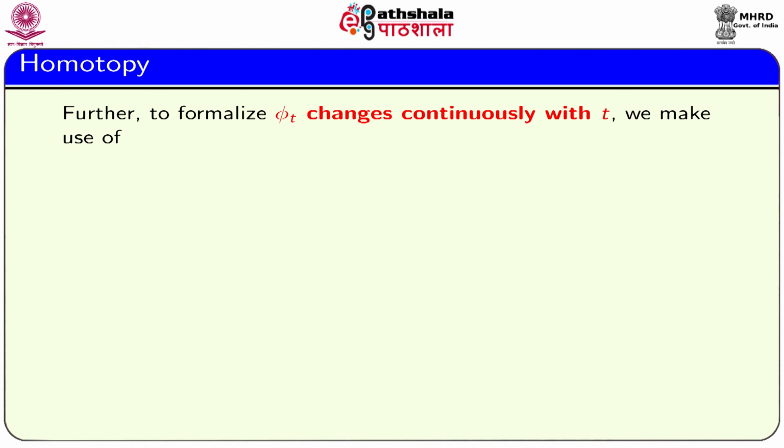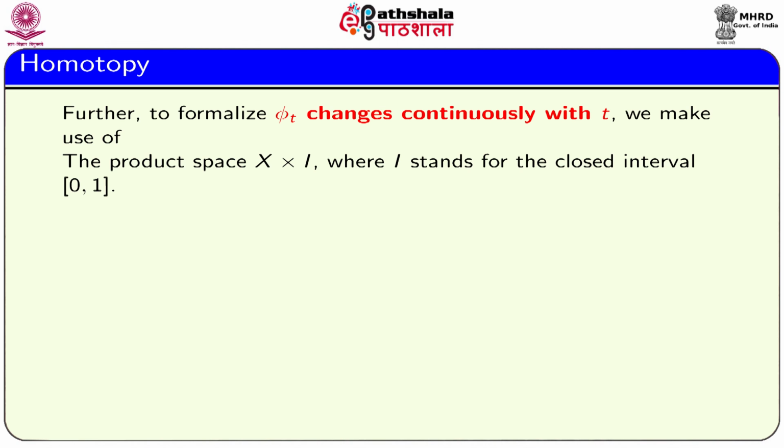Further, we need to formalize once again phi t changes continuously with t. What do I mean by that? For formalizing this, we make use of the product space X cross I, where I stands for the closed interval [0, 1].